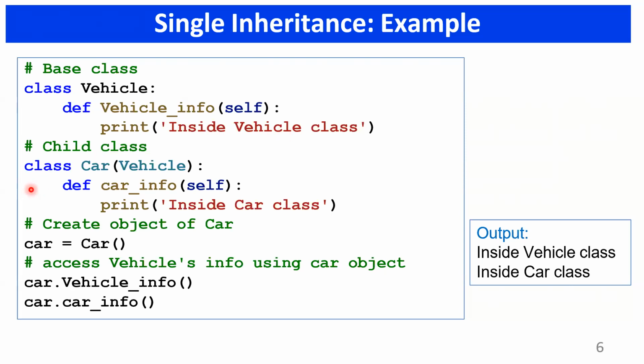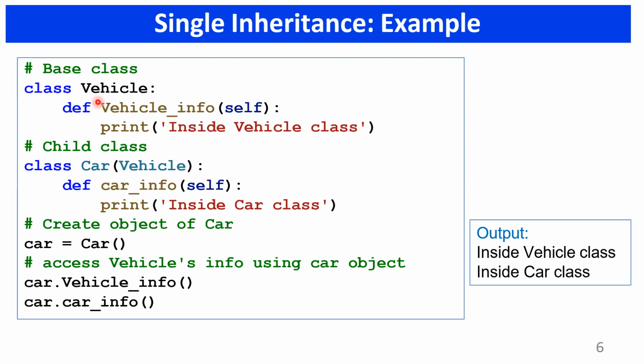Now, if we want to create a child class whose name is Car, we can do so by writing class Car, and we have to mention the name of the parent class within the parentheses. Only then does Car represent a child class of Vehicle. In this we are writing another method, car_info, where we are simply printing inside the Car class.